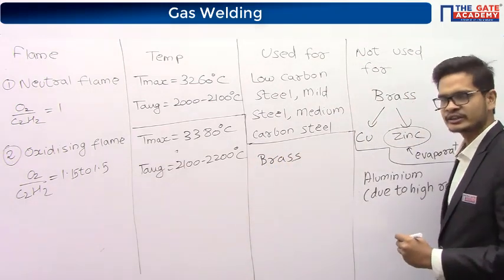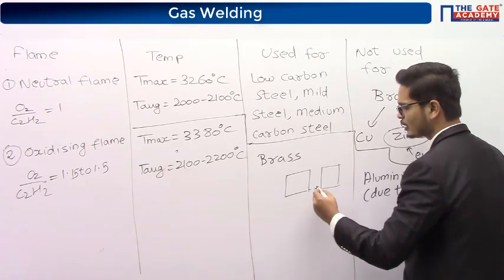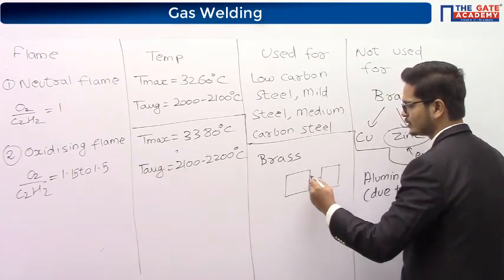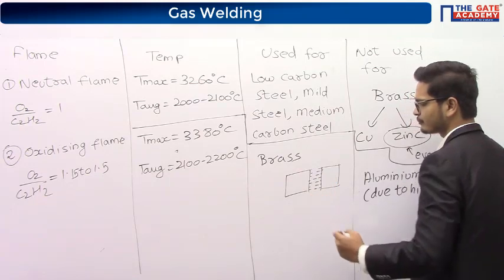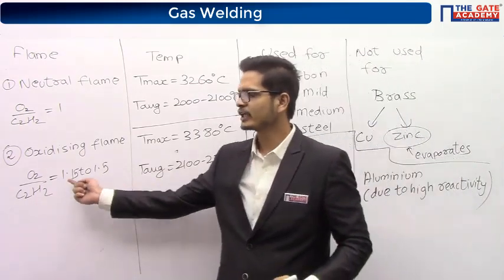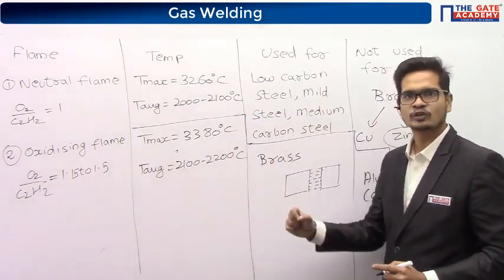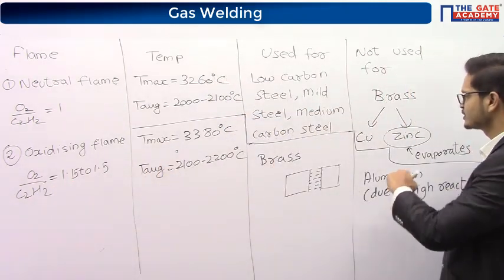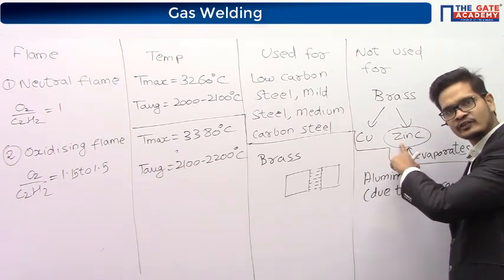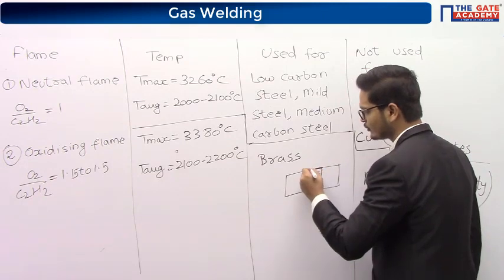The reason is, let us suppose all the molten metal is collected here. Here we are using excess oxygen, so this excess oxygen will react with zinc and form a layer of zinc oxide.